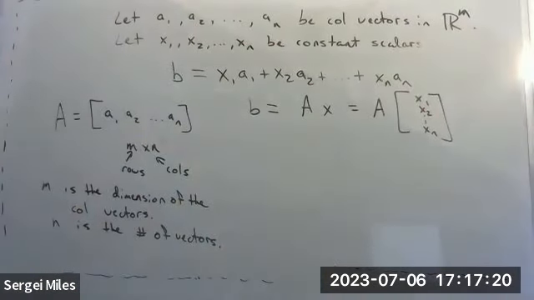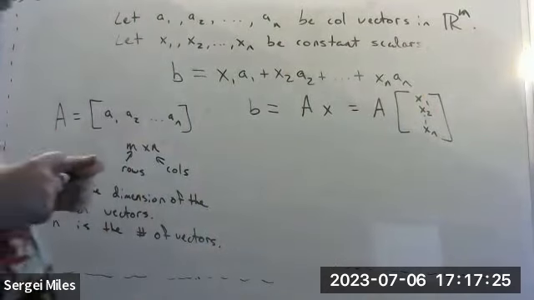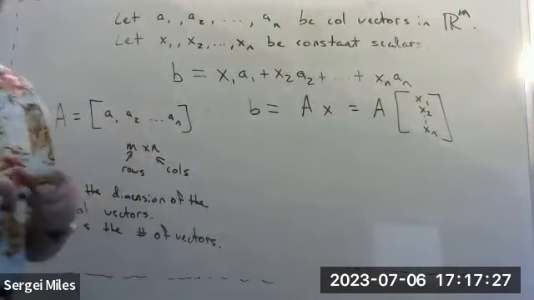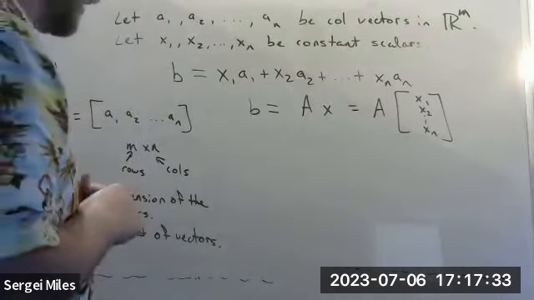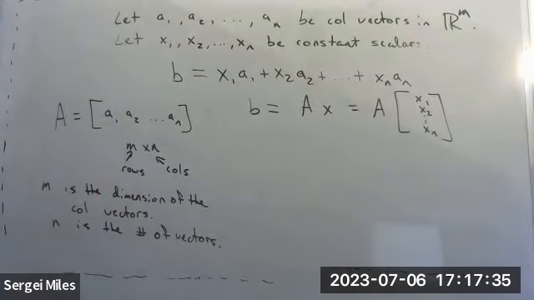We've already said we're not going to do vector multiplication, but we can do matrix multiplication. In fact, this is going to be our definition for matrix multiplication. Matrix multiplication is going to be defined by linear combinations.